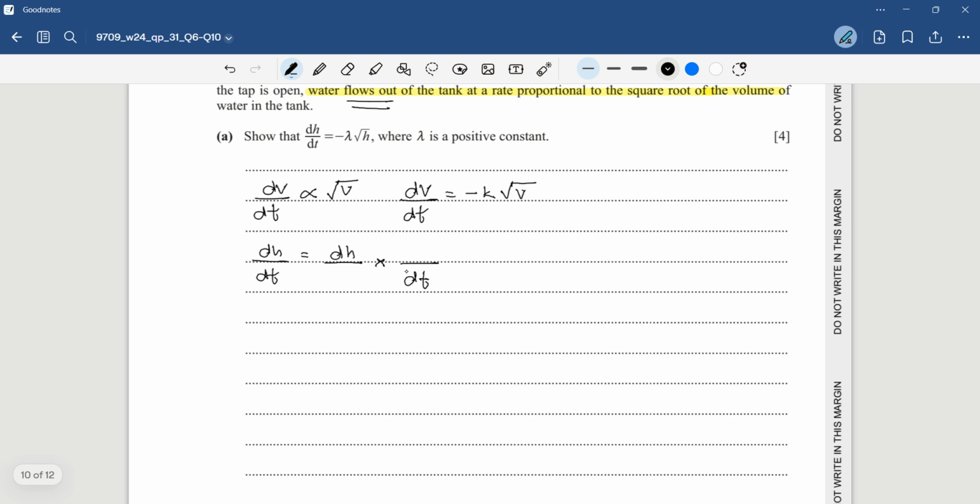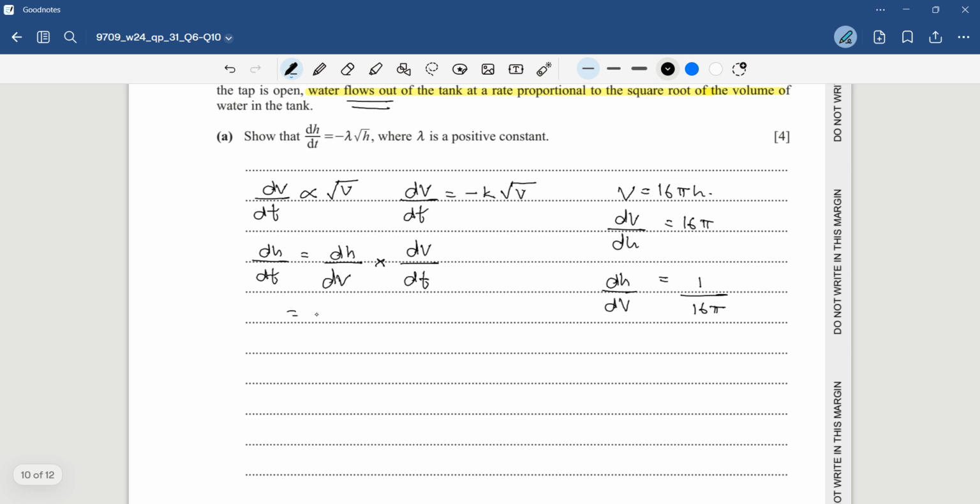I must find a common term, and since I got dV over dt, I introduce dV. From just now, V equal to 16πh, so dV over dh will be 16π. Therefore dh over dV will be 1 over 16π.